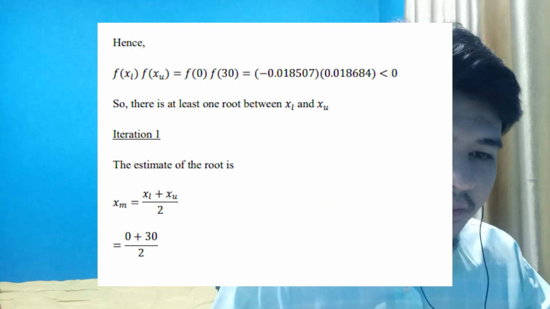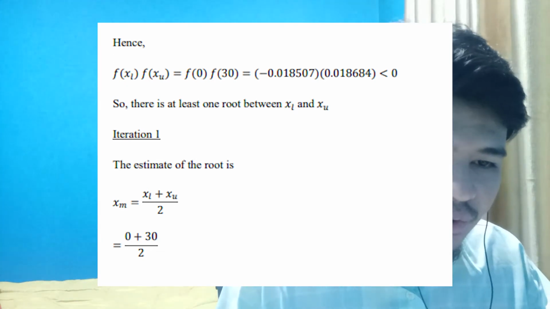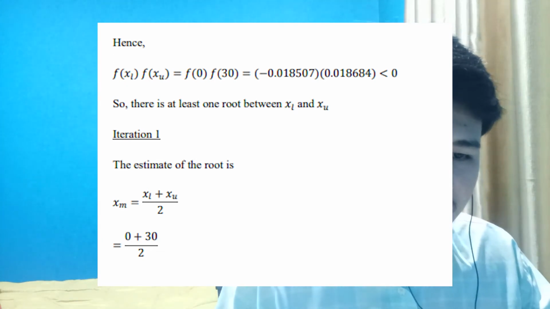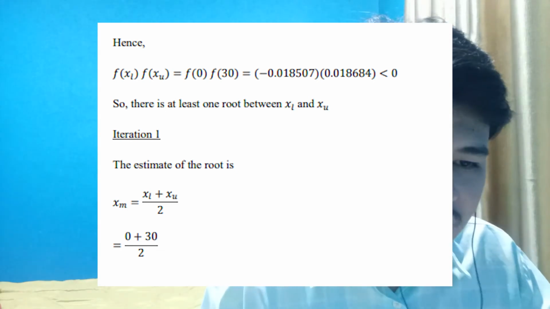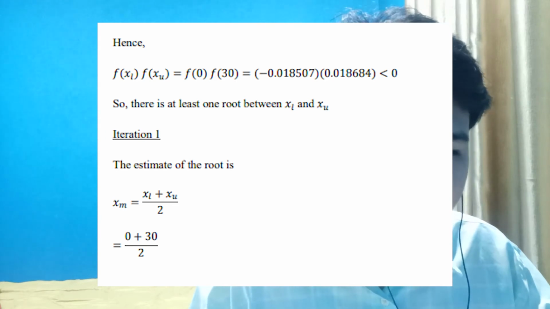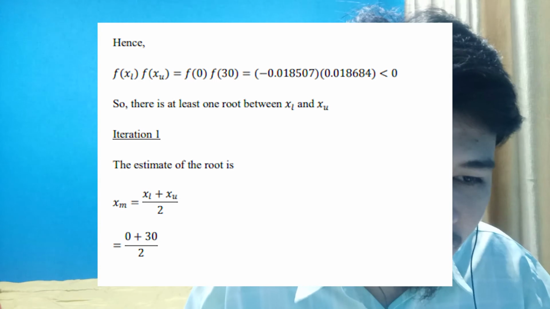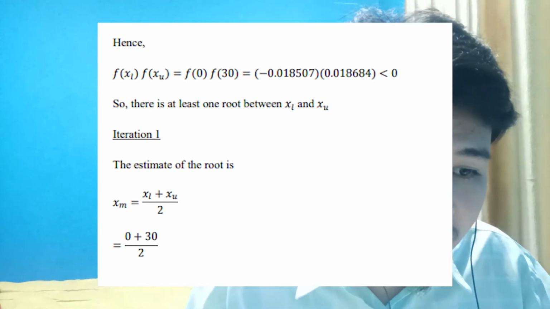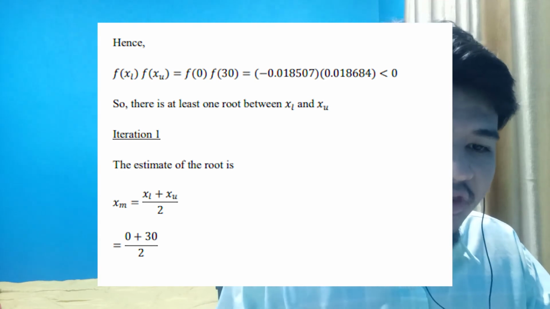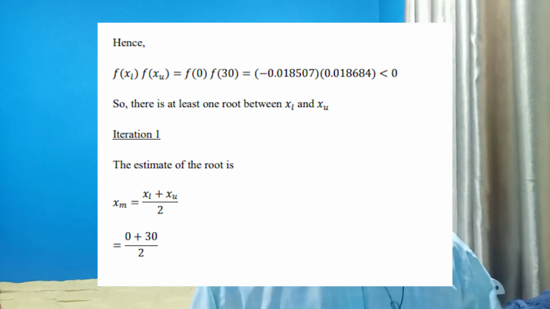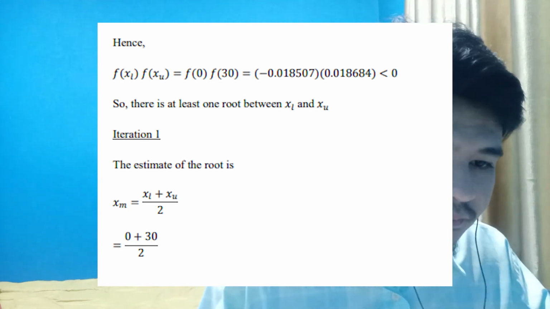So f(xl) times f(xu) equals to f(0) f(30) equals to negative 0.018507 times 0.018684, which will become less than 0. So there is at least one root between xl and xu.